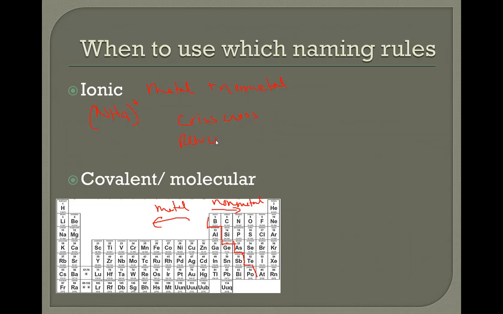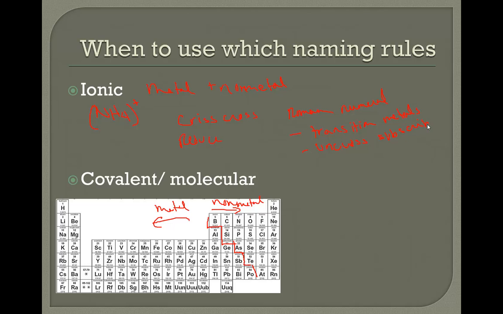If it's a Roman numeral, you know about that by the fact that it's in the transition metals. If you need to determine the charge of that, you uncross the numbers, the subscripts.